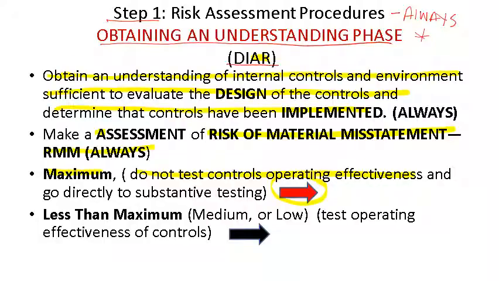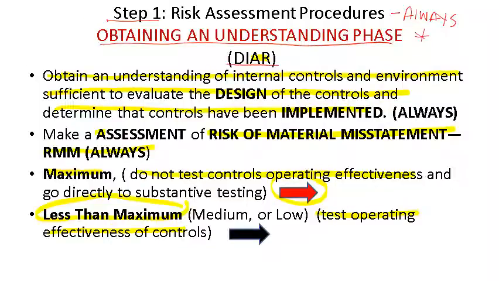If we assess that risk of material misstatement at less than the maximum, then we will test the operating effectiveness of the internal controls and go then to our substantive testing. And so notice that we're going to be assessing these risks in every engagement, and then what we do in that next step is predicated on what happens in this step 1.